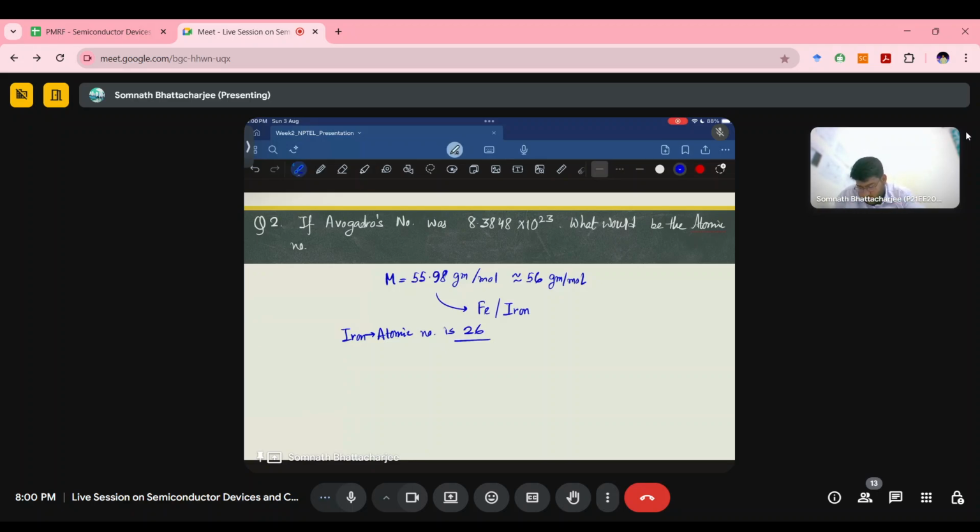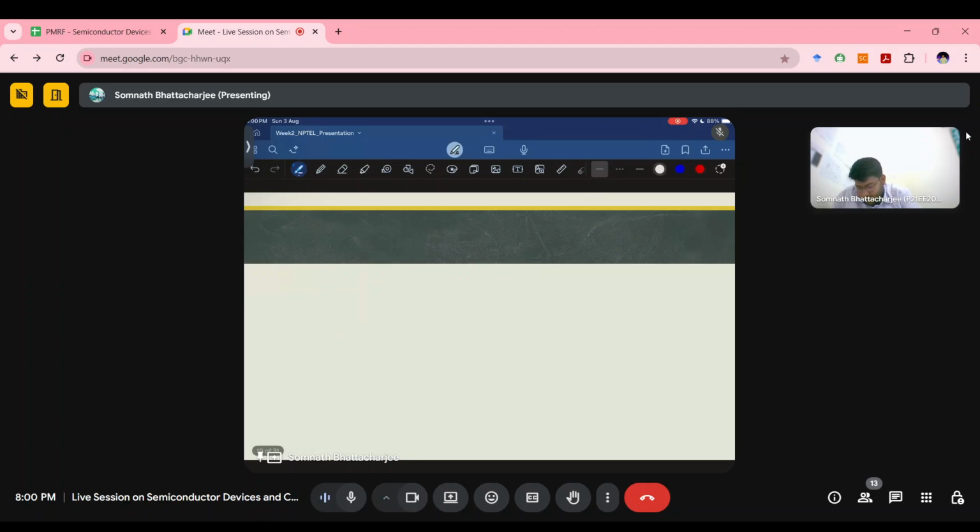Now we move to question number 3. For question number 3, we have a value of E(k) equals cos square k.